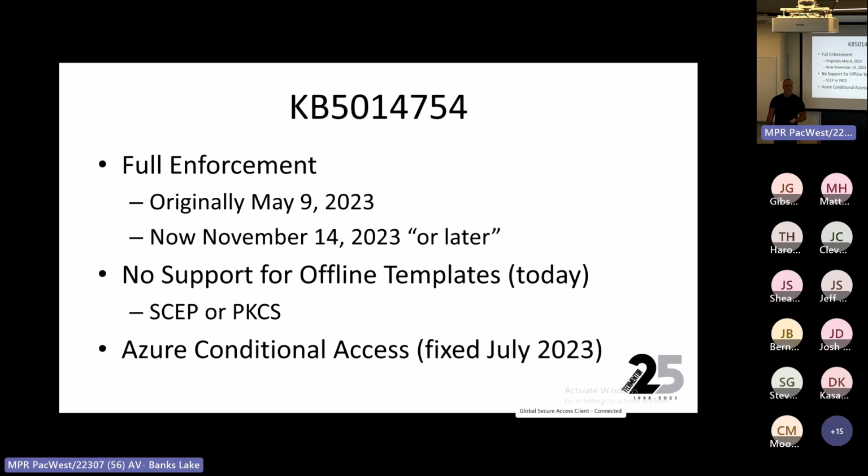And if that didn't include that SID, that would fail at the original enforcement date. So they eventually fixed this. They fixed this last week, as a matter of fact. So that's great. The on-premises PKI stuff is not fixed yet. We expect it hopefully later this year. So you can't turn on full enforcement if you're using Intune certificate delivery.